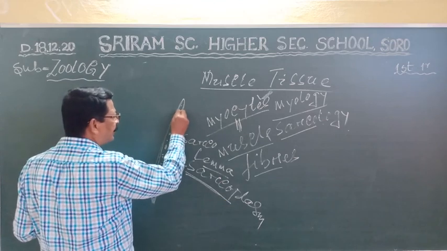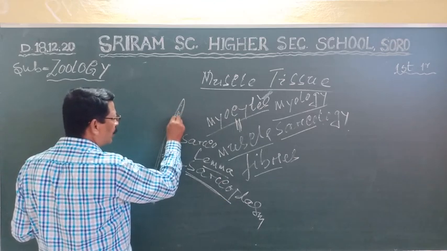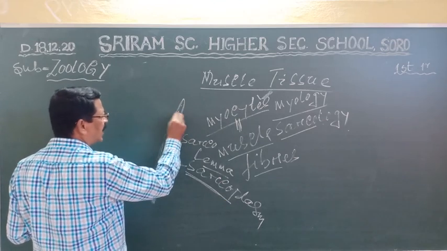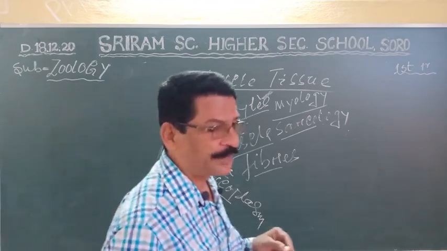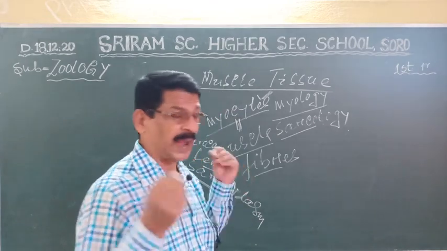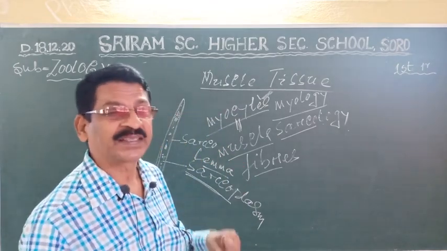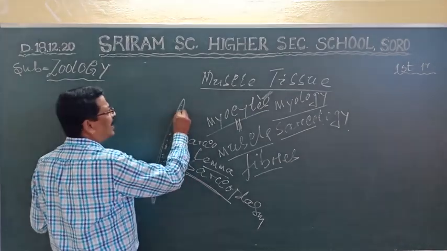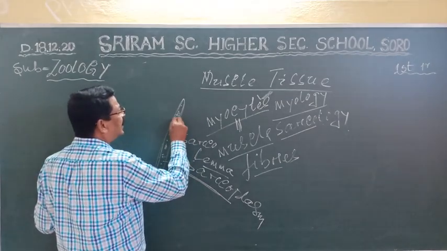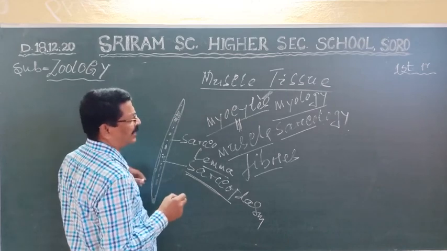And similarly, the endoplasmic reticulum. You know, the endoplasmic reticulums are present inside the cell, and they give mechanical strength to the cell by forming the skeletal framework. You have read this in the cytology of botany. Clear?